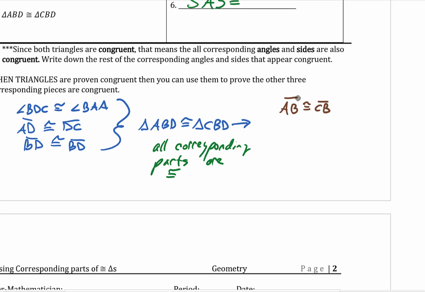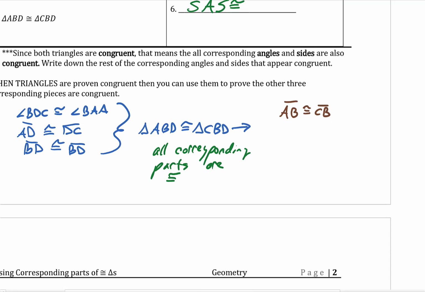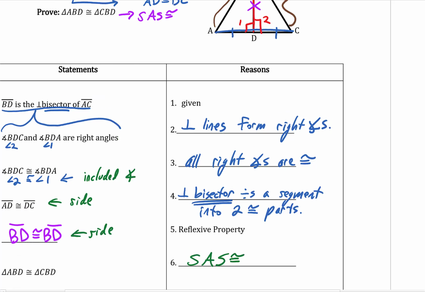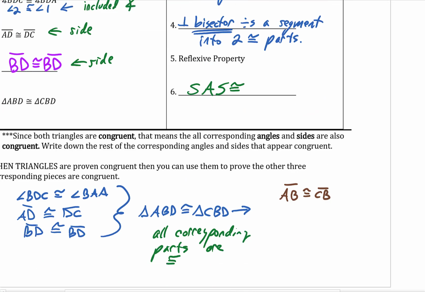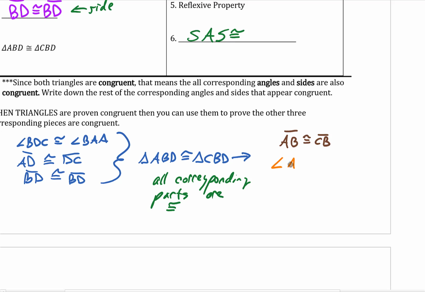So we got one side, and we got to get information about two other angles. The two other angles we don't have information about through the proof: this guy is going to be congruent to this guy. Okay, ABD, CBD. So the other piece of information we have is angle ABD is congruent to angle CBD.